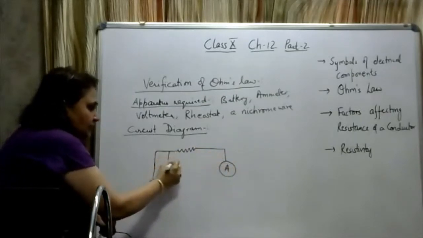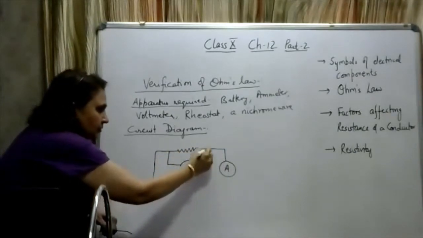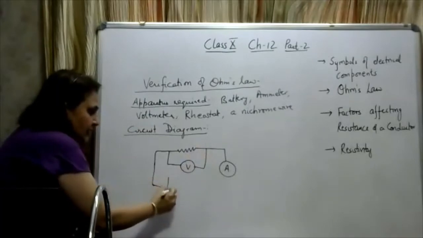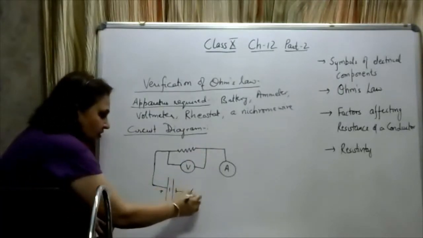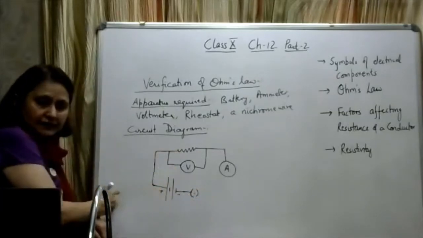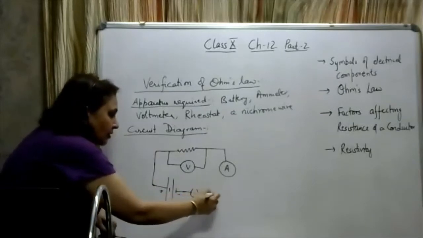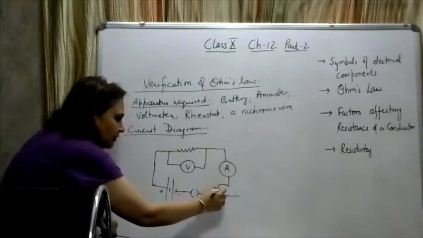In order to measure the potential difference across the ends of the wire, we connect a voltmeter. Obviously a battery or a cell is required. A key is there, which is the conducting link between this wire and the cell. Also we need a rheostat. This is the symbol for the rheostat.